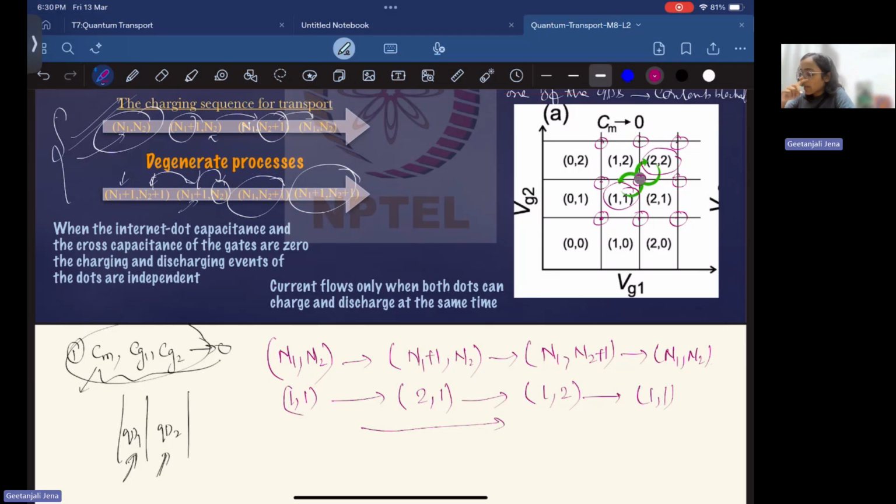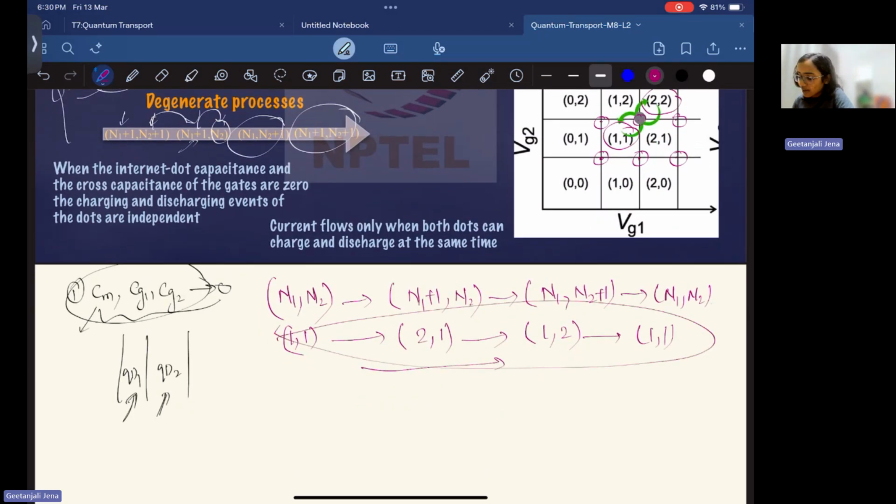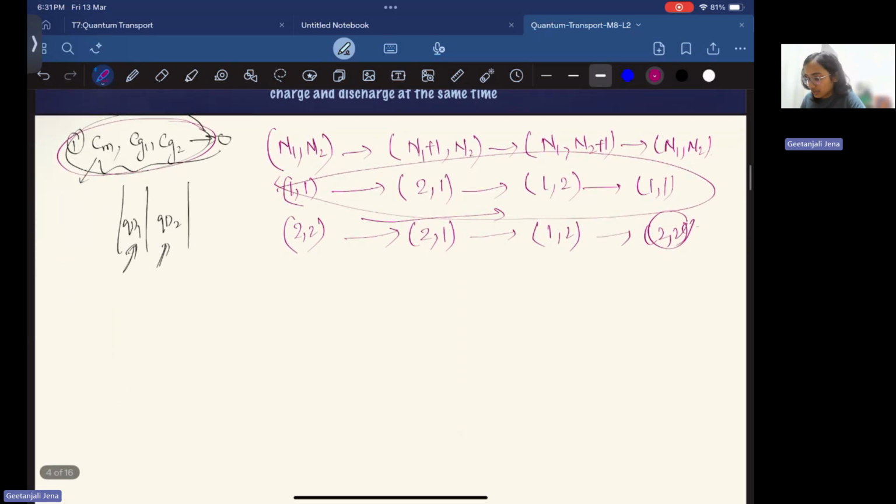So if you apply the gate voltage so that you can see this transport, then the same voltage can be applied to see this transport to 2, 1, then 1, 2, then 2, 2. So they occur at the same gate voltage. So they are degenerate. Okay, so this is all about the case where both the interdot capacitance as well as Cg1 and Cg2 are 0.